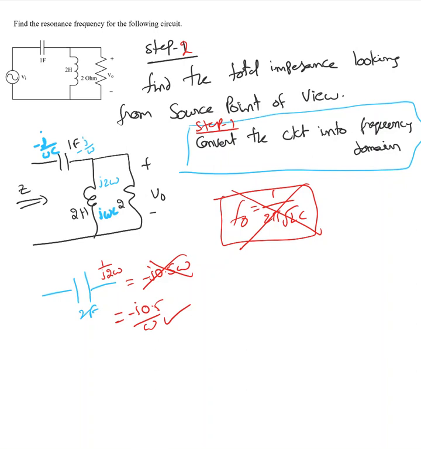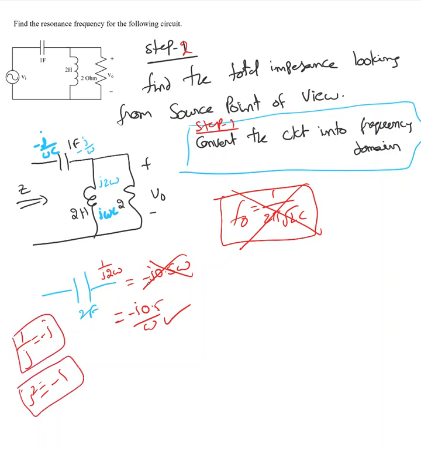Another silly mistake I see all the time is, say if I give a 2 farad capacitor, it's going to be 1 over j 2 omega, and I saw people writing this as minus j. So 1 over j is nothing but minus j, and you know that j square is negative 1. You need to remember these things.